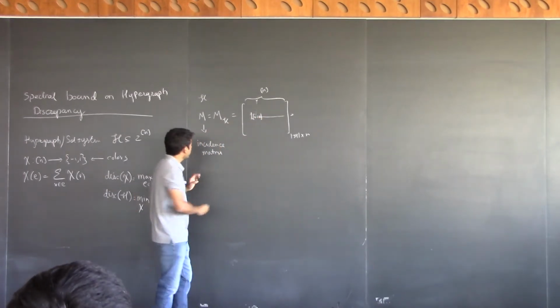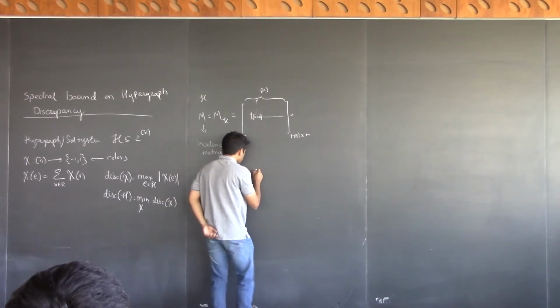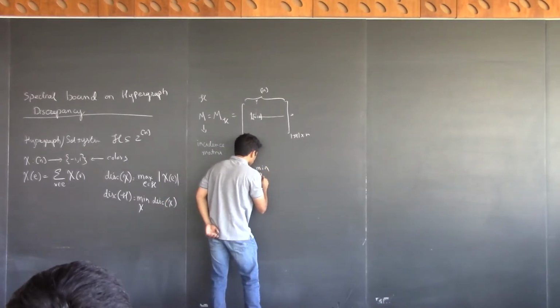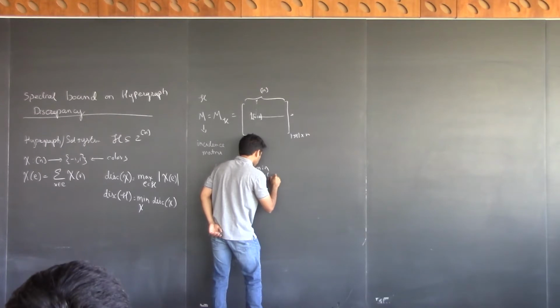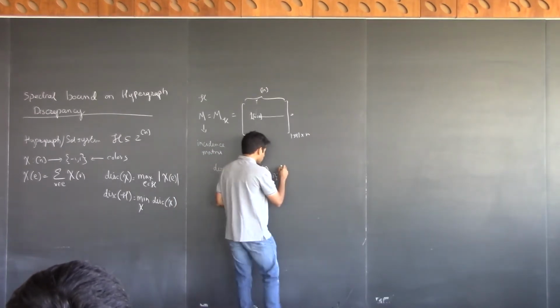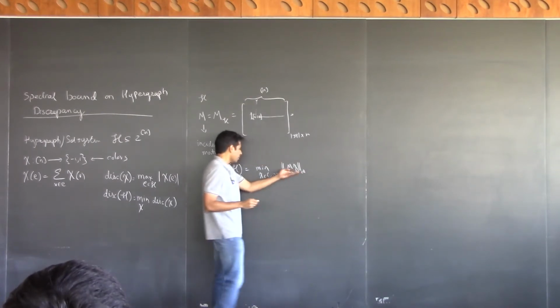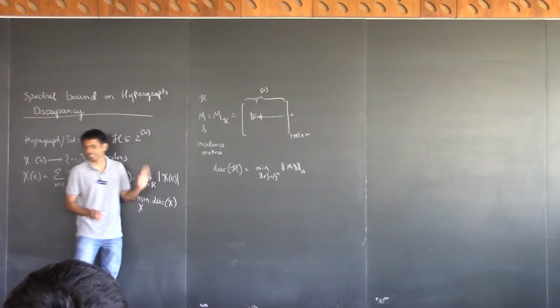And so the discrepancy of H is the minimum, over vectors in {1, -1}^n, of the maximum entry. So this is the syntactic reformulation.